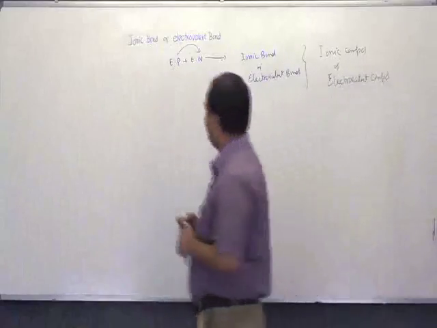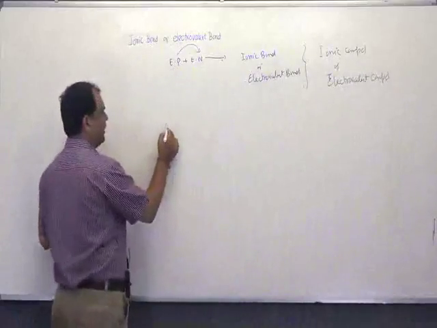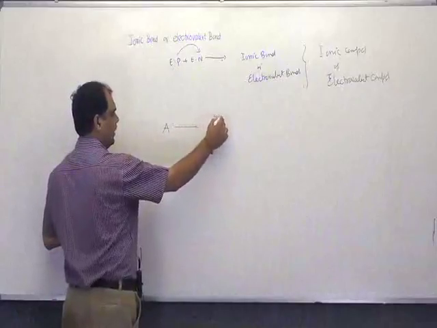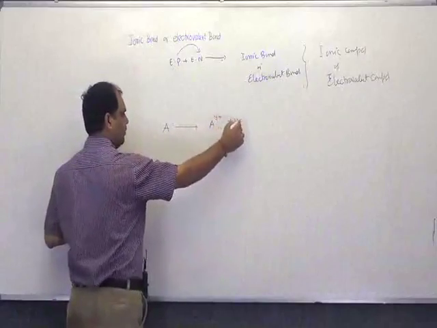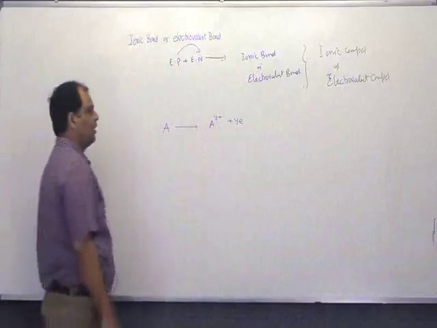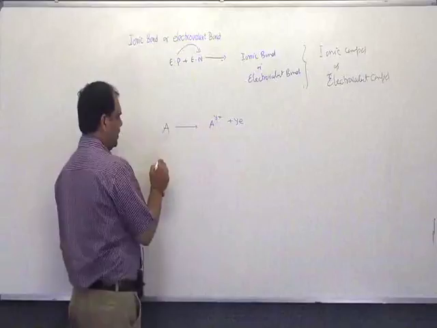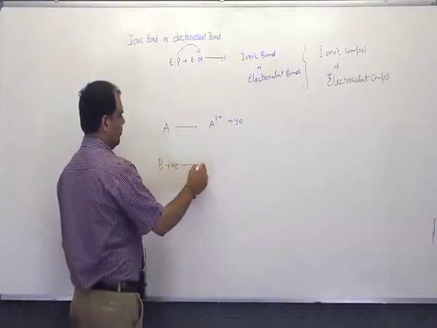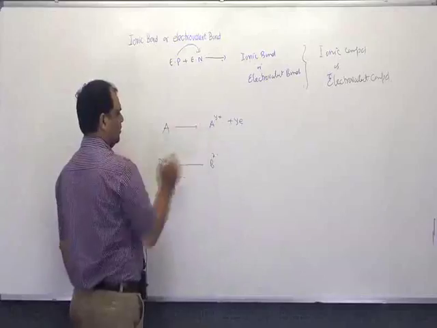Now let's see how it happens. A is an electropositive atom. It forms a cation: A gives A^y+ plus y electrons. Another atom B gains x electrons and forms an anion B^x-.